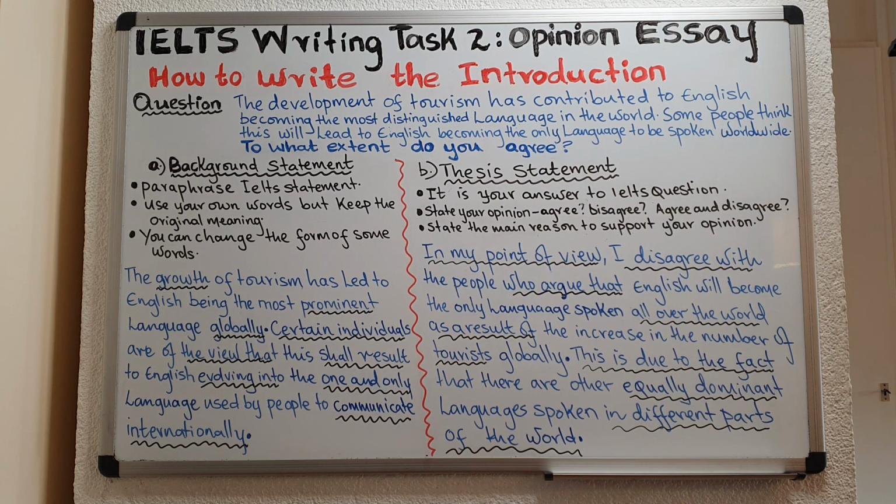So if you want to agree with this statement, then you can write, in my point of view, I totally agree that English will become the only language spoken all over the world as a result of the increase in the number of tourists globally. And then after that, give your reason very briefly as to why you believe that. So there you go. That's how you write the thesis statement.